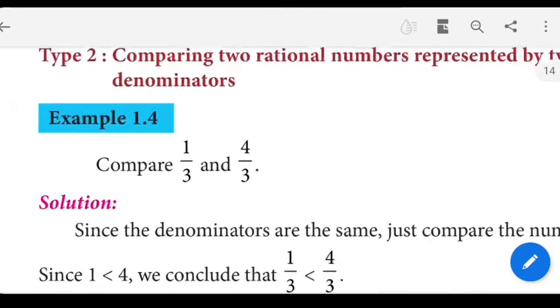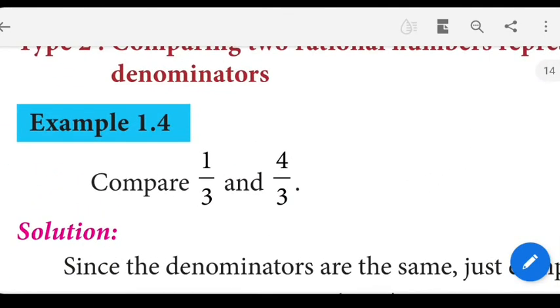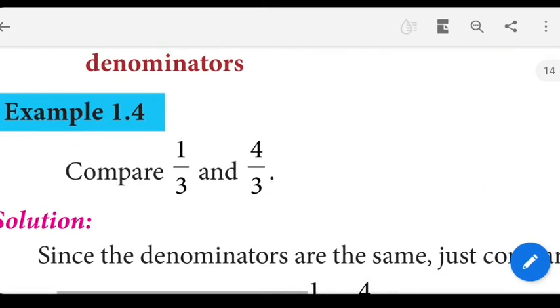Okay, let's see example 1.4. Compare 1 by 3 and 4 by 3. Here the denominator is 3, here also 3. Therefore, the denominators are same.